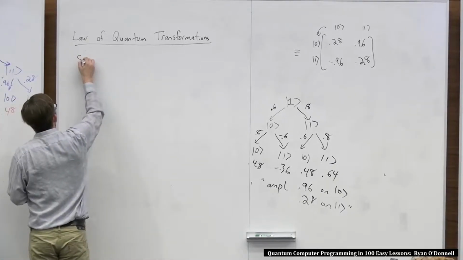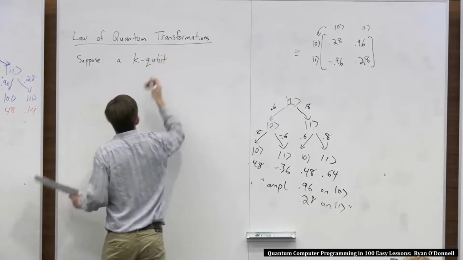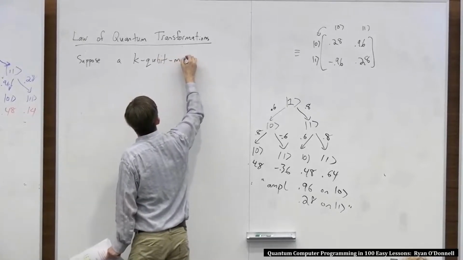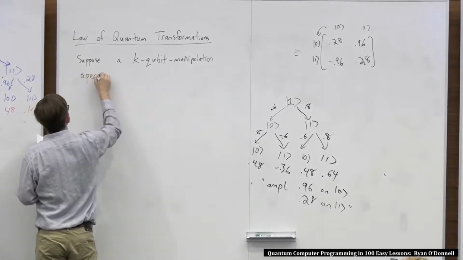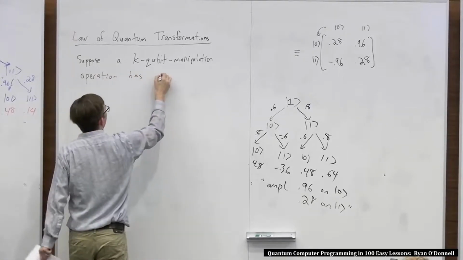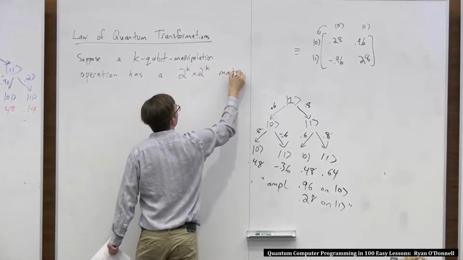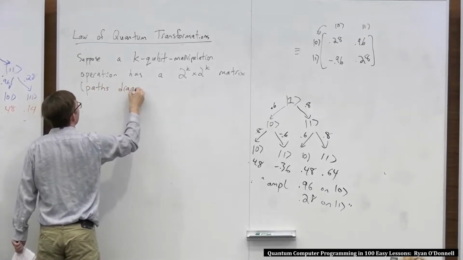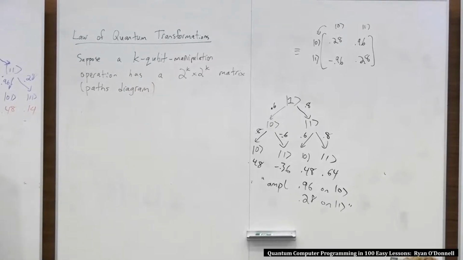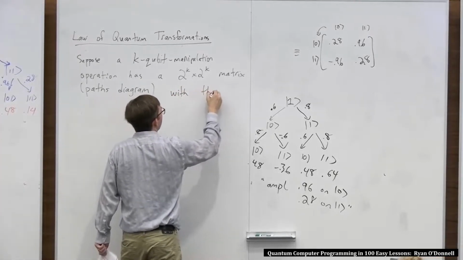So let me write this. Suppose a k-qubit manipulation, subroutine or operation, where k is 1 or 2 or 3 or anything really, has a 2 to the k by 2 to the k matrix, or equivalently a paths diagram. You write down all the amplitudes for how it transforms all the 2 to the k different basic states. And furthermore, suppose this happens to have the unitary property.